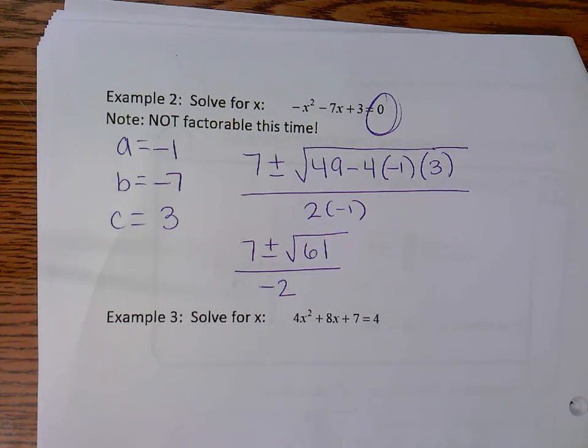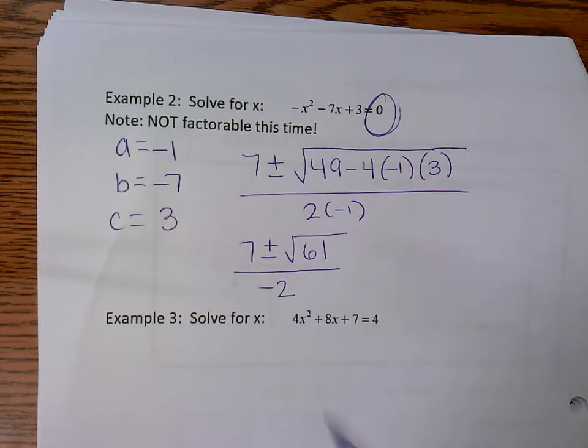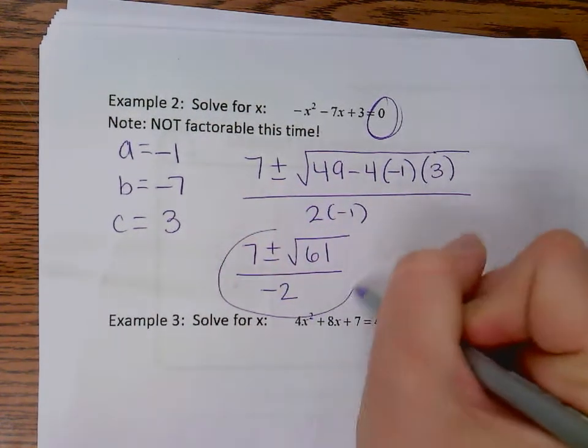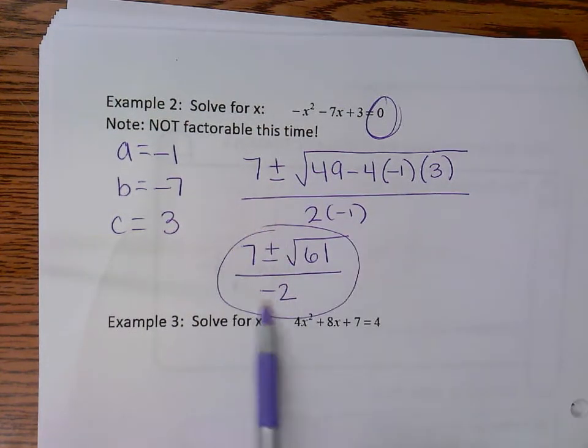So I can't reduce radical 61, right? There's no perfect square that is in 61. So if you want to leave your answer at that step, you technically can. And if you want to find the decimal answer, you could type it into your calculator, because I don't know where those x-intercepts are.